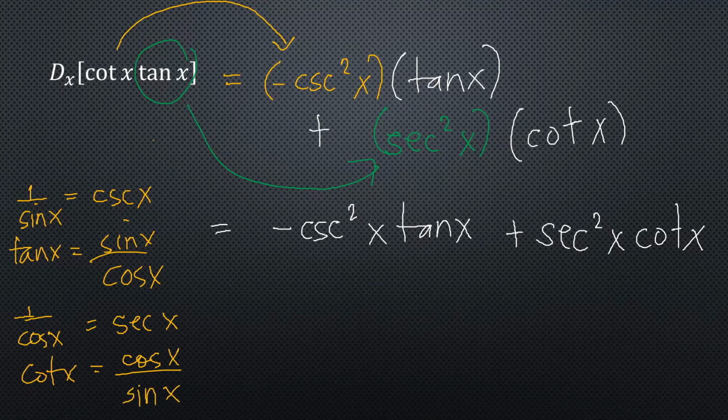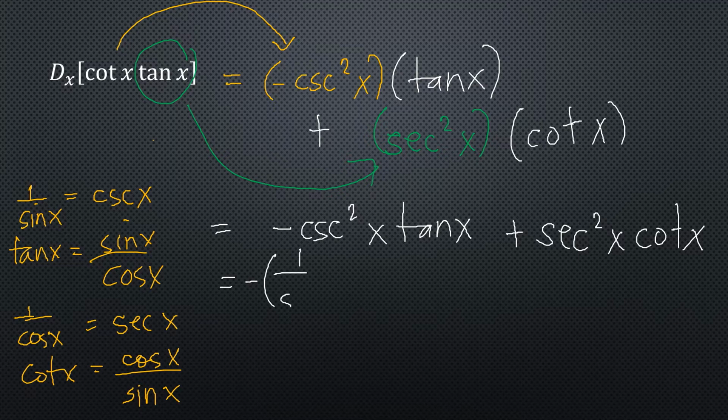Therefore, we can do cancellation here. So this will now be equal to negative 1 over cosecant x times 1 over cosecant x. No, that should not be cosecant x. That must be 1 over sine x. So we have to rewrite it.